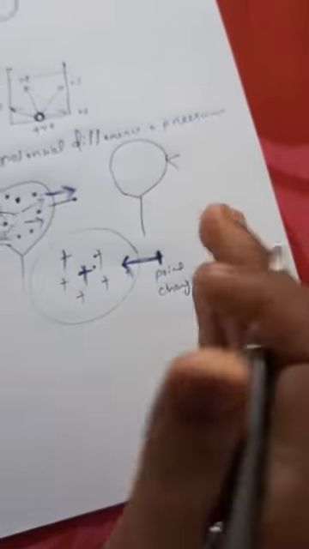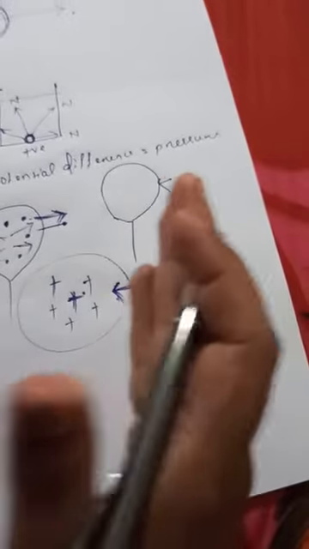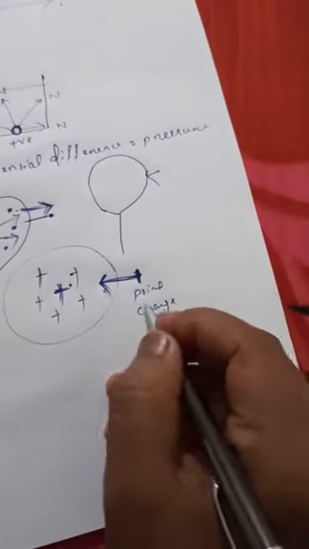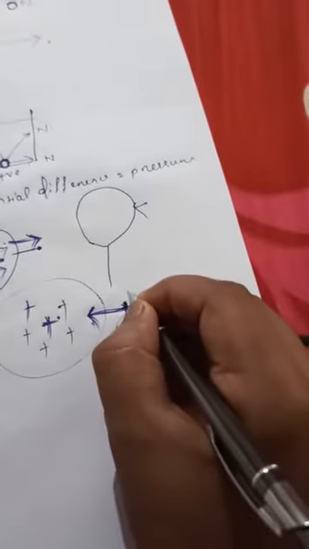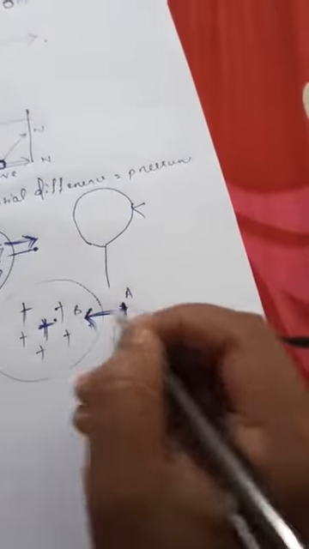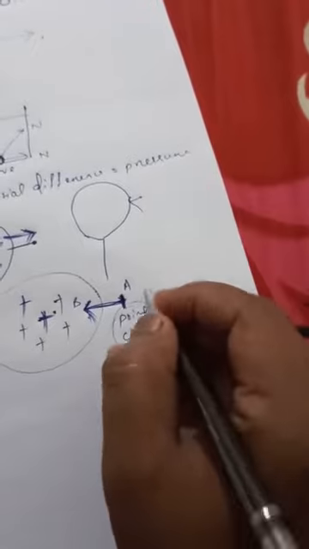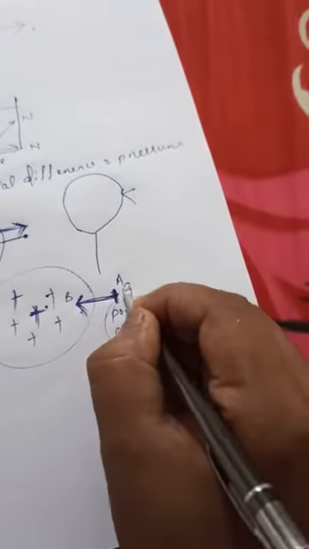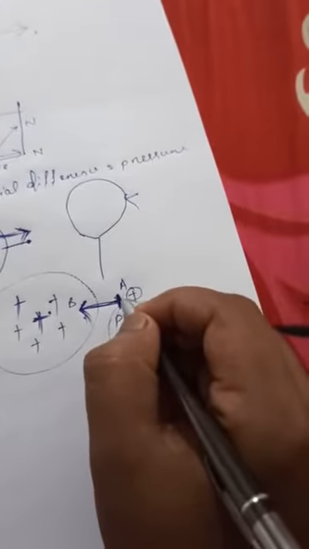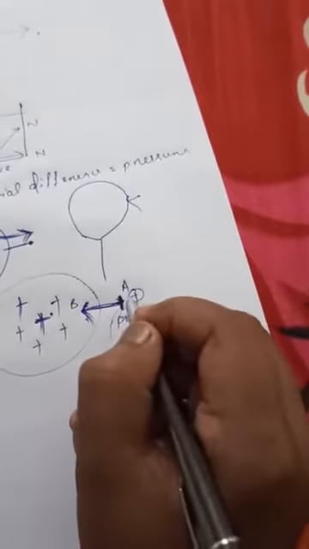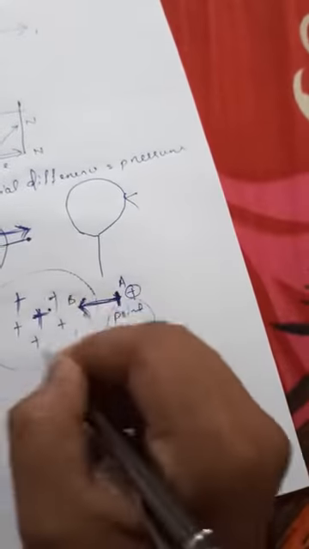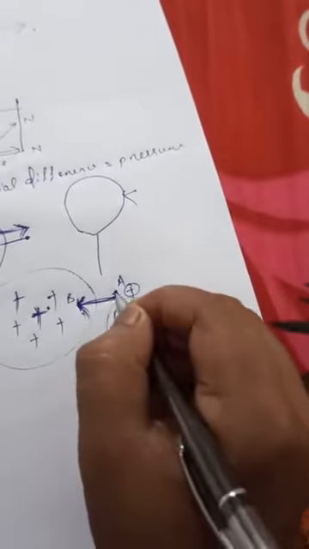That means the amount of pressure exerted on the point charge when it is taken from one point to another. Suppose I take this point charge from point A to point B. How much potential difference is there between these two points?